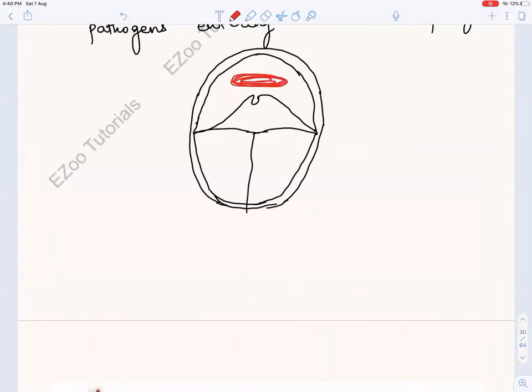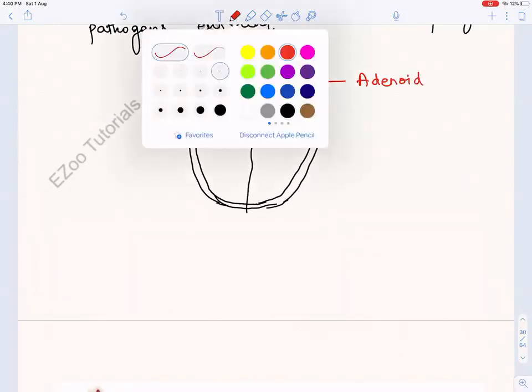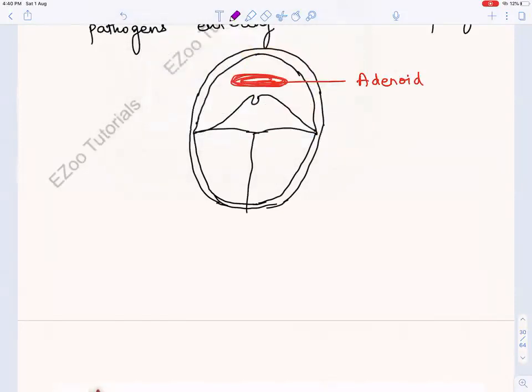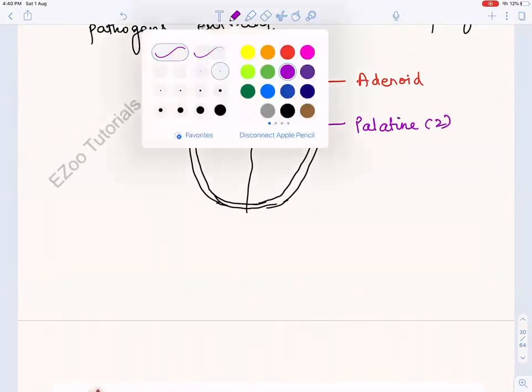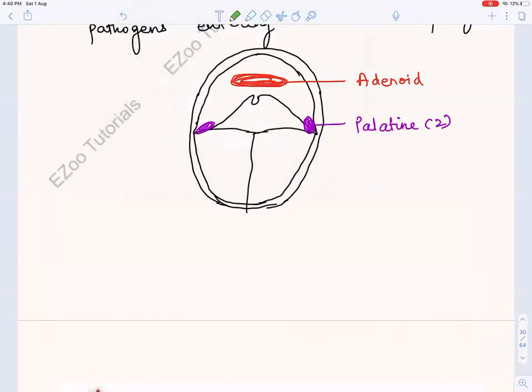So first let us see what is present here. One tonsil is here. These are known as adenoids. Now what are these two doing here? These are palatine tonsils, 2 in number. And then lingual tonsil.